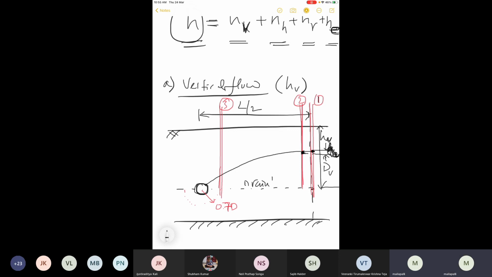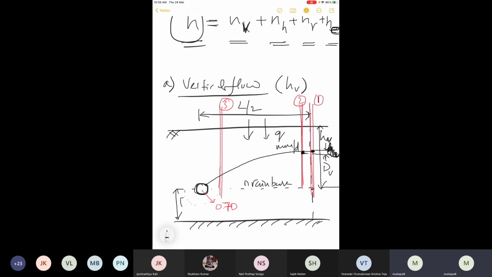This is the drain base. Then Q is your recharge, that is in mm per day.